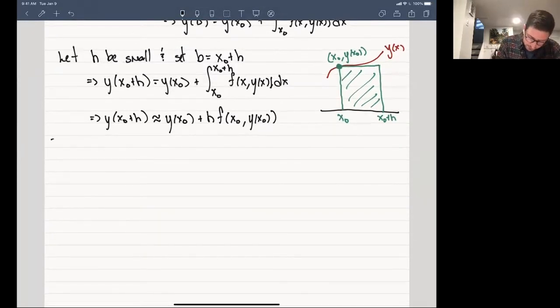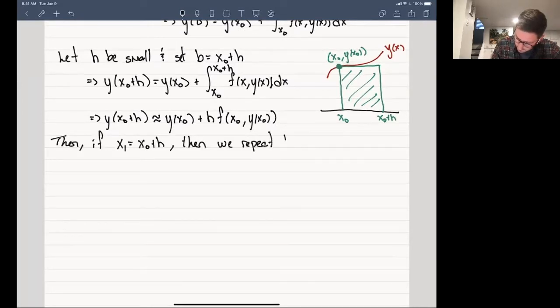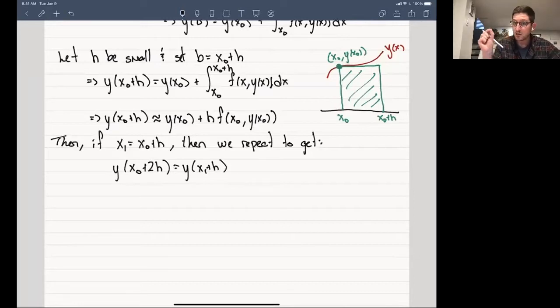So then, let's say if we set x1 equal to x0 plus h, then we can repeat, well, if we want to go 2 units away, so x0 plus 2h, which is the same as going x1 plus h, so just another little tiny h away.